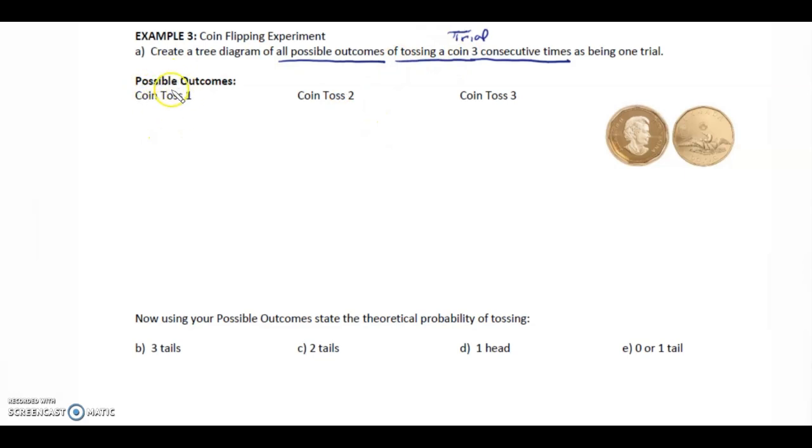So what are the possible outcomes on the first toss? Well, you're either going to get a tail or a head. Okay. Coin toss number 2. So after tossing a tail, you can again get a tail, or after tossing a tail, you can then get a head.